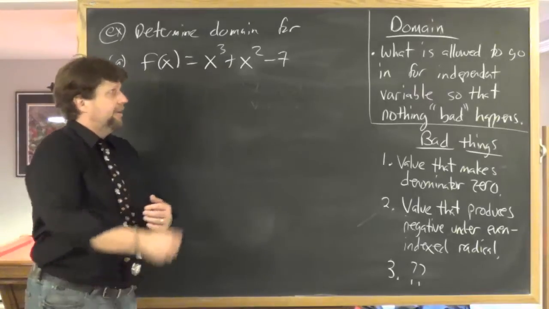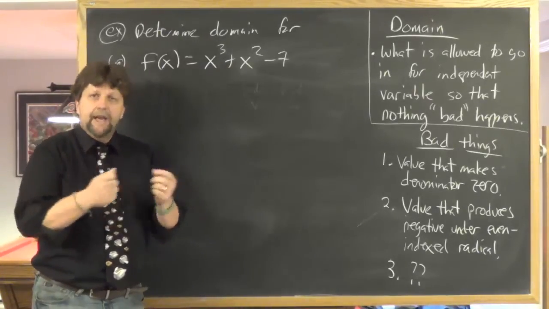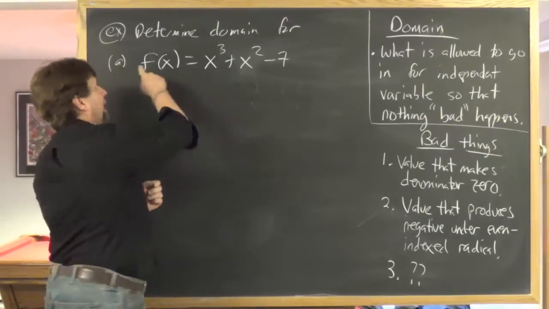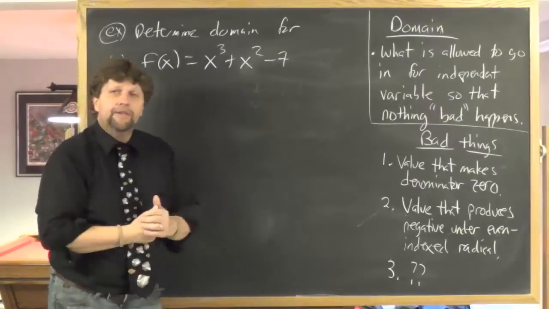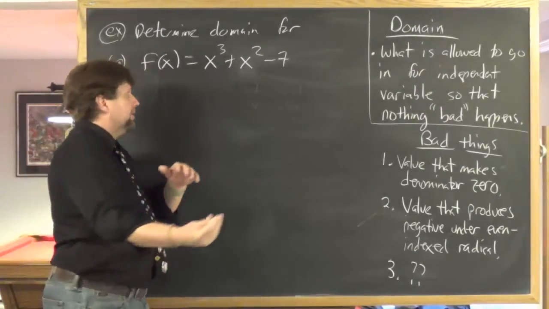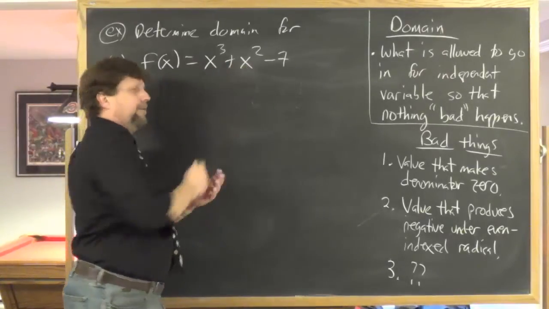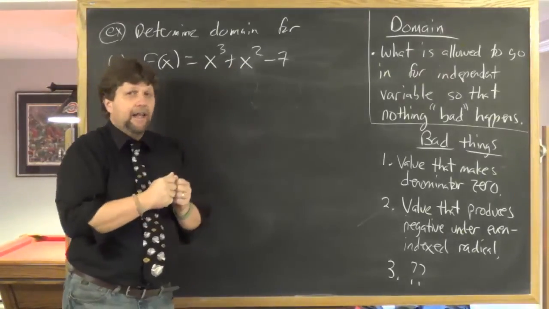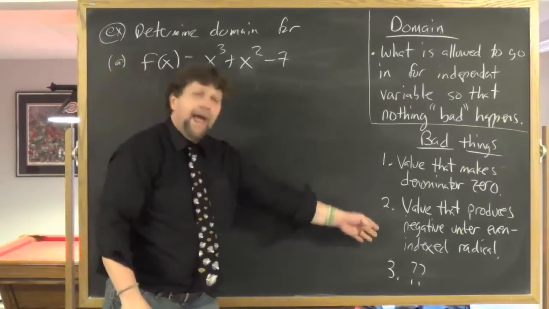But identify the independent variable. Yes, it is x. You're asked to determine the domain. You're really being asked what numbers, from the reals, are you allowed to put in for the variable x, and hopefully not allow anything bad to happen. I mean, you want to avoid bad things.